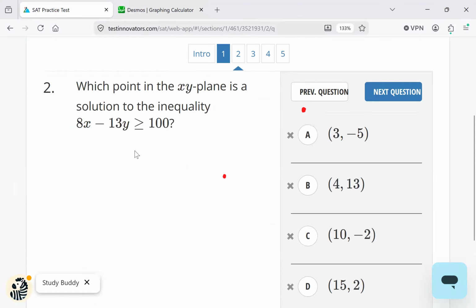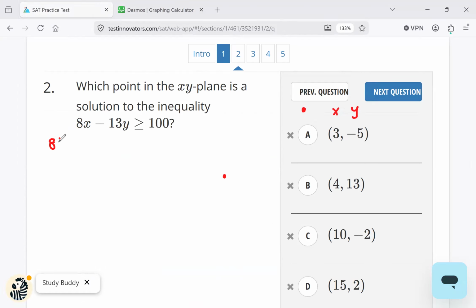The other way we could solve this, if you didn't want to use Desmos or don't know how, is to test each choice and figure out if it makes the inequality true. For example, 3 comma negative 5: here's your x and here's your y.